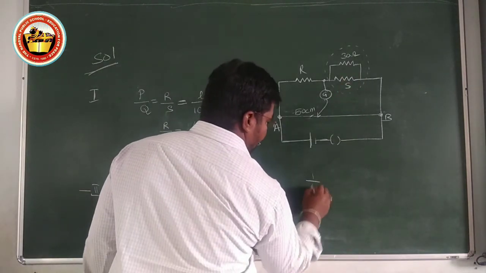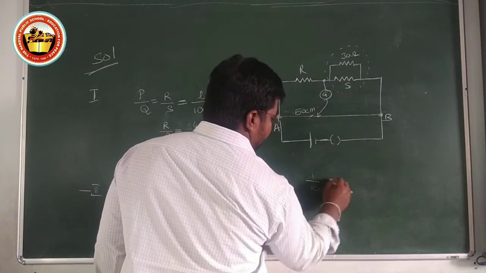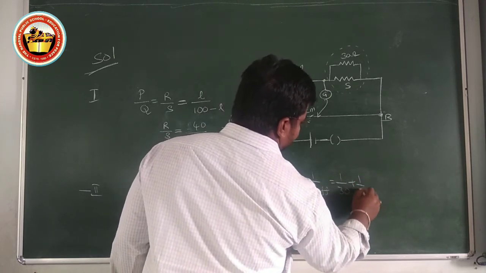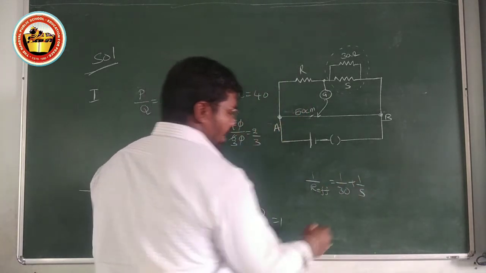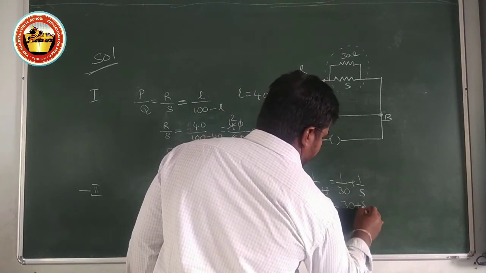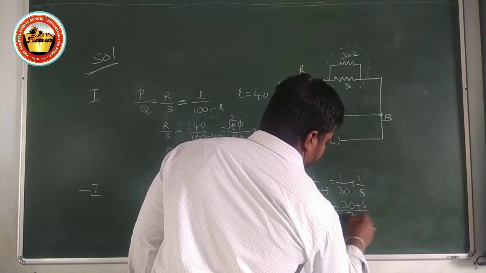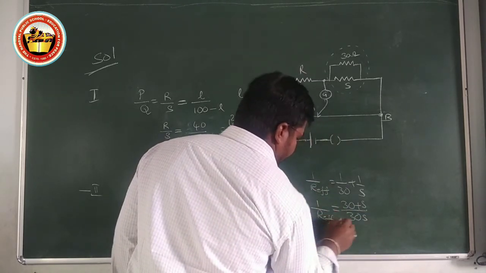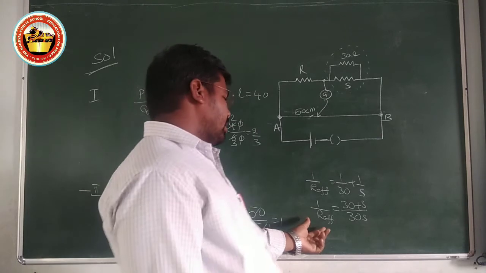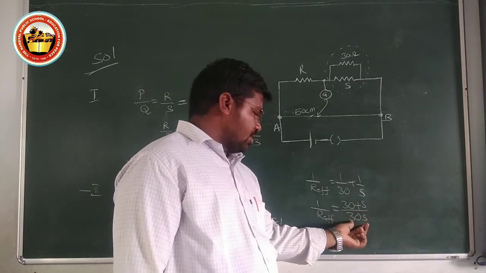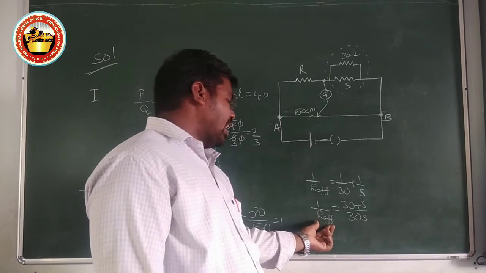Here, how can we find R effective? 1 by R effective is equal to 1 by 30 ohm plus 1 by S ohms. Rearranging, we get 30 plus S divided by 30 into S. So 1 by R effective is equal to 30 plus S divided by 30 into S. We need to find only R effective.